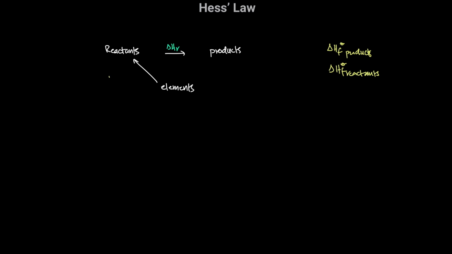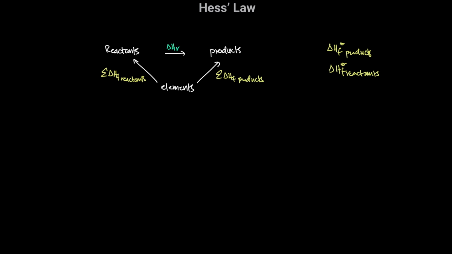So that is the sum of all the enthalpy changes of formation of the reactants. You're going to add up the enthalpy changes of formation of all the different reactants. Similarly, I can say that the enthalpy change from elements to products is the sum of the enthalpy change of formation of all the products.